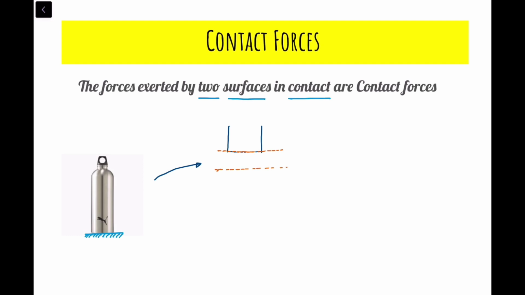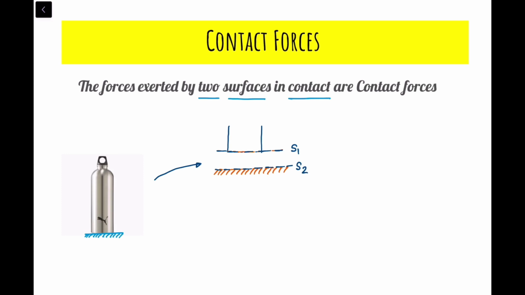Suppose this is the ground and this is the uppermost surface. So the lowermost surface of the bottle is in contact with the uppermost surface of the ground. Let's name them S1 and S2.